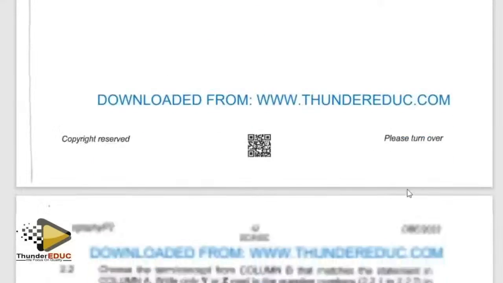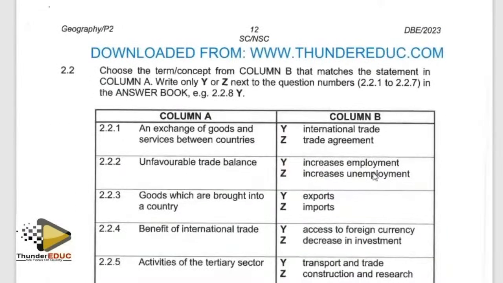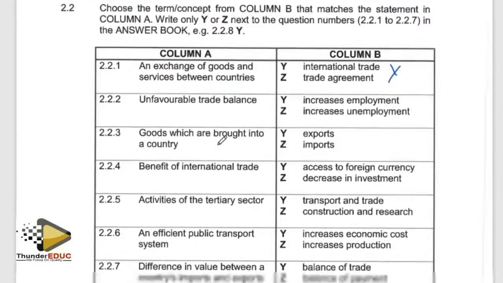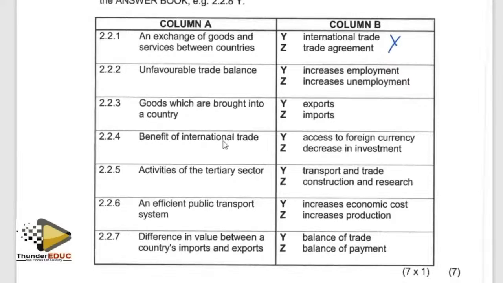Okay. We go down. We say choose the terms that match with the description. Exchange of goods and services between countries. That is Y, which is international trade. Unfavorable balance of trade. What does it do? That means if it's unfavorable, there is more import than export. So 2 is Z. It increases unemployment.